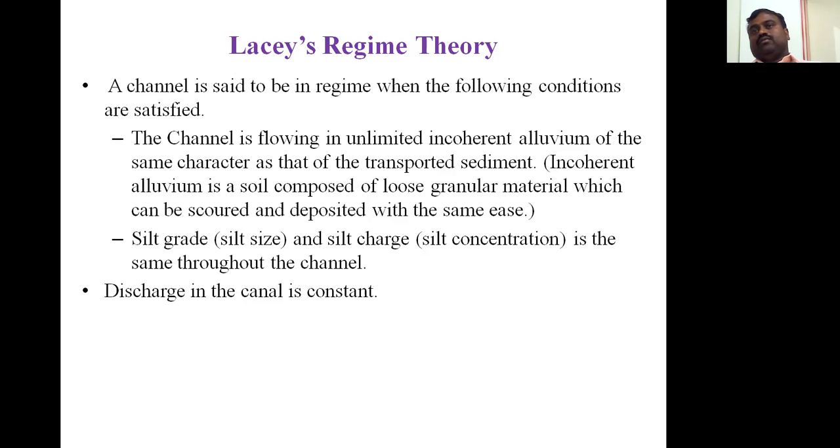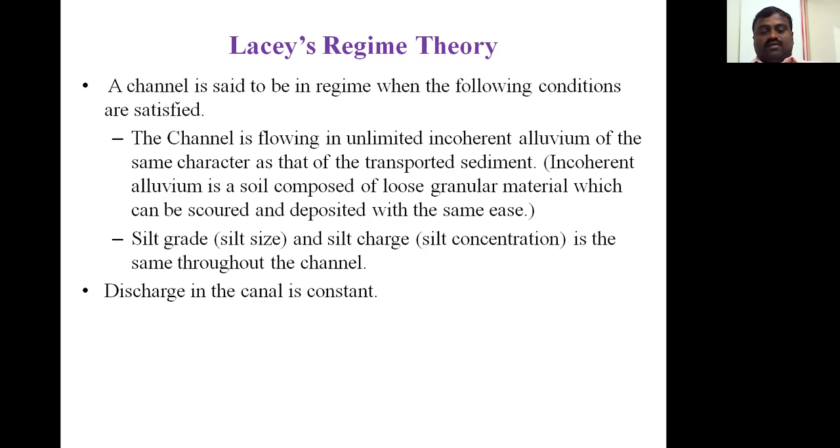Number two, silt grade and silt charge are the same through the channel length. And number three, when the canal runs with a constant rate of flow or discharge. These are the three conditions that qualify the canal as a regime canal.